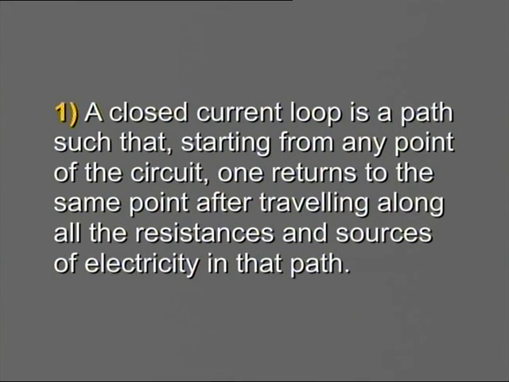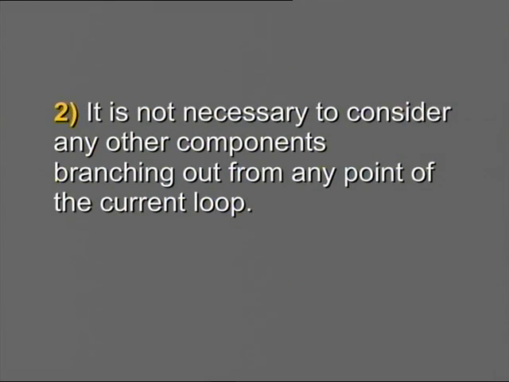A closed current loop is a path such that starting from any point of the circuit, one returns to the same point after travelling along all the resistances and sources of electricity in that path. It is not necessary to consider any other components branching out from any point of the current loop.